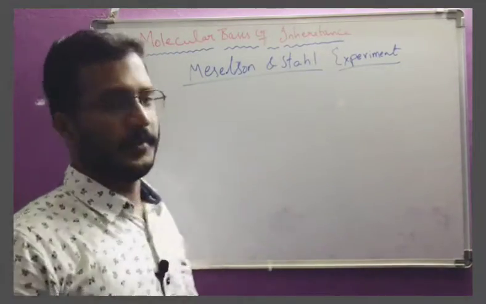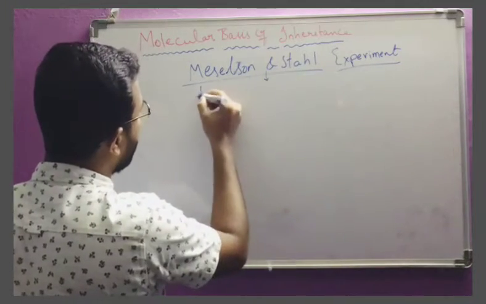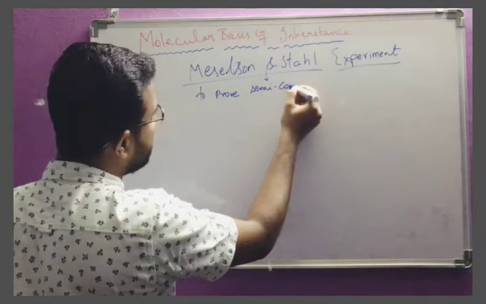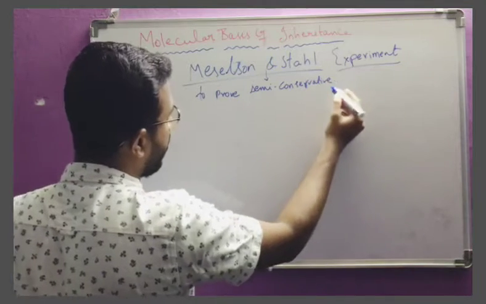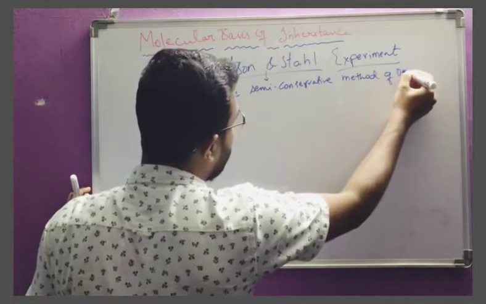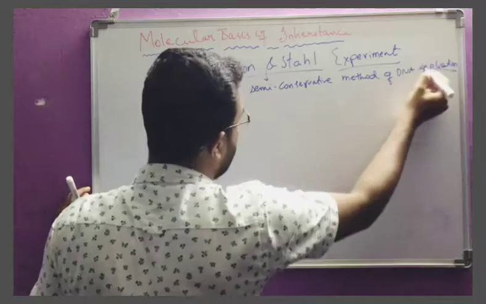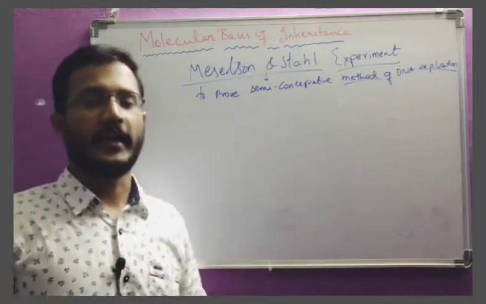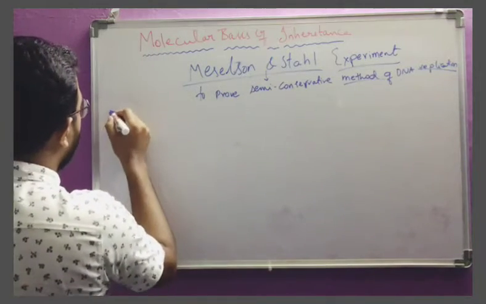Now what they did for this purpose, to prove semi-conservative method of DNA replication. To prove semi-conservative method of DNA replication, they had conducted an experiment. Observe carefully, each and every point is very important.